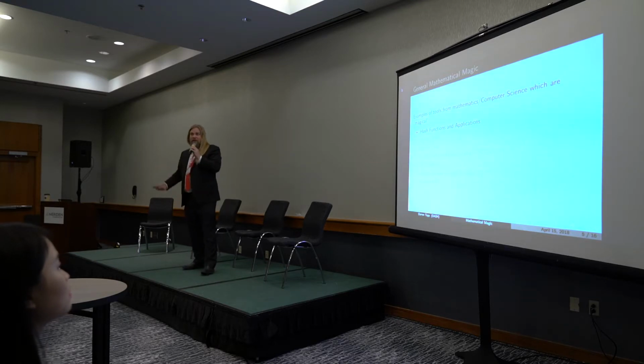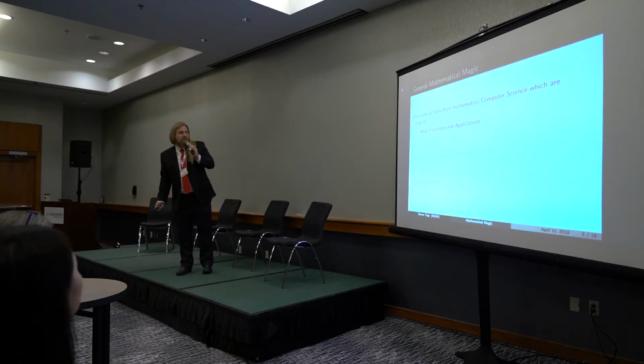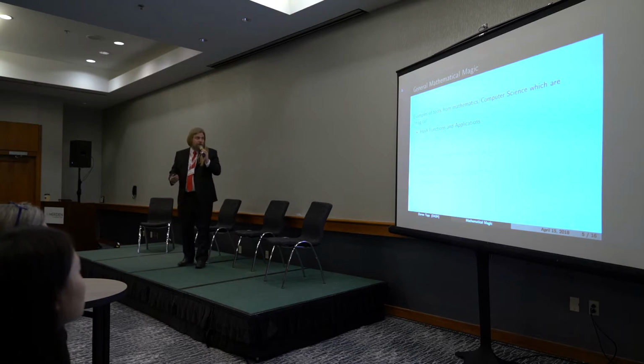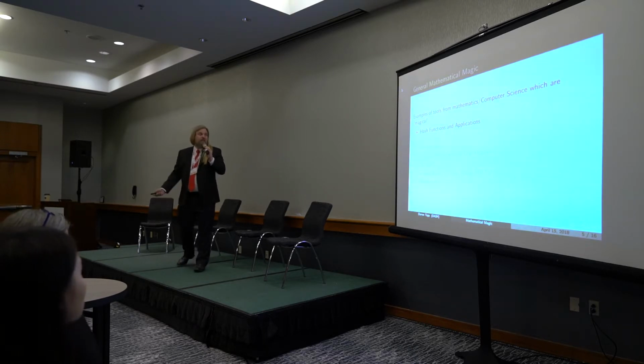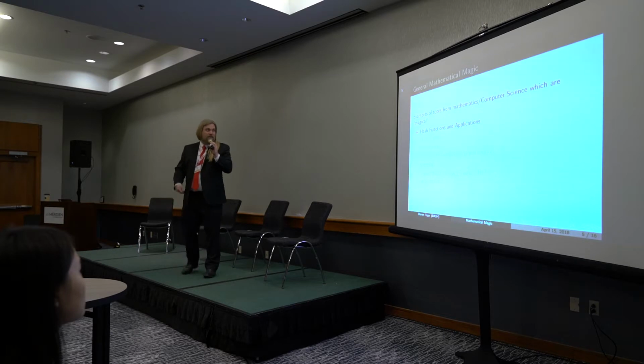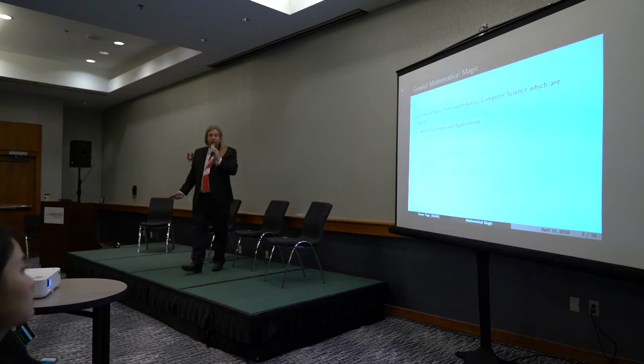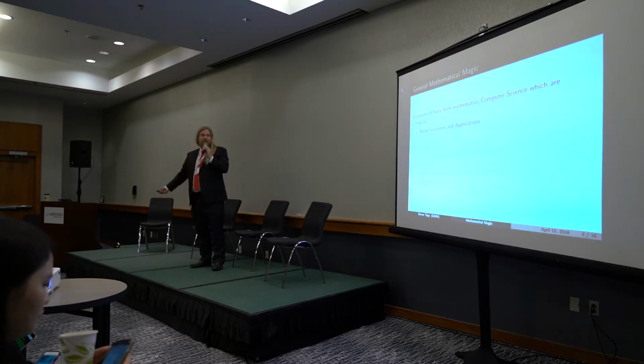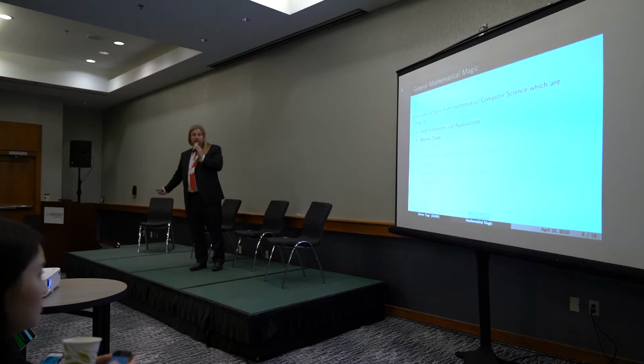Okay, so general mathematical magic. When you're developing a blockchain course, there's a lot of things to talk about. Some examples of things that we want to include in a course include hash functions and applications. This is the idea of a digital fingerprint. And an application of hash functions is Merkle trees.